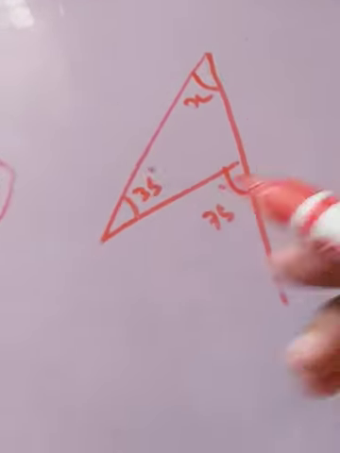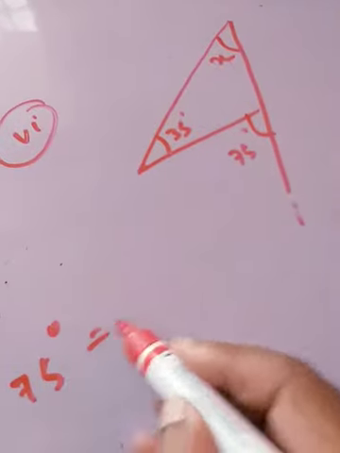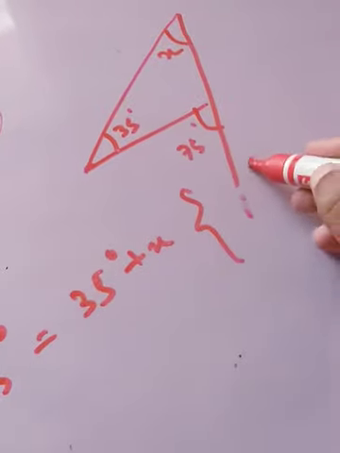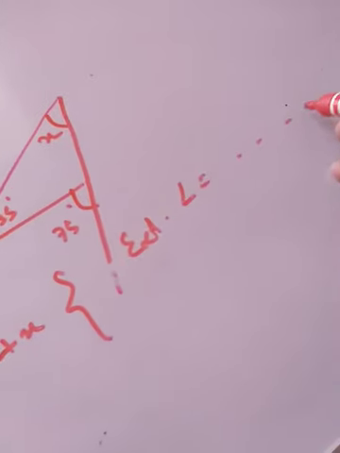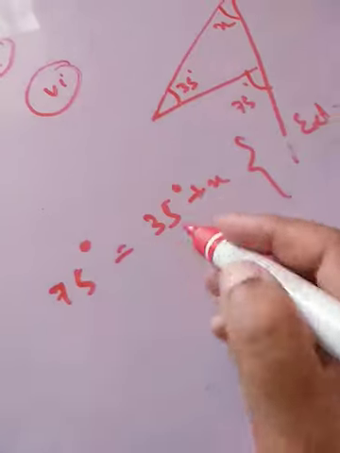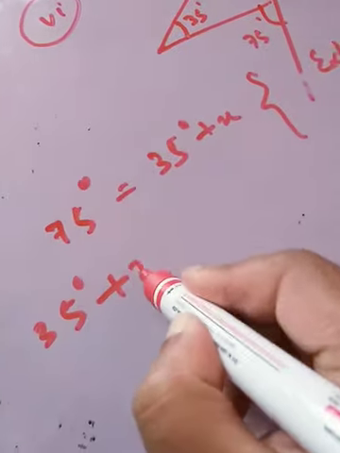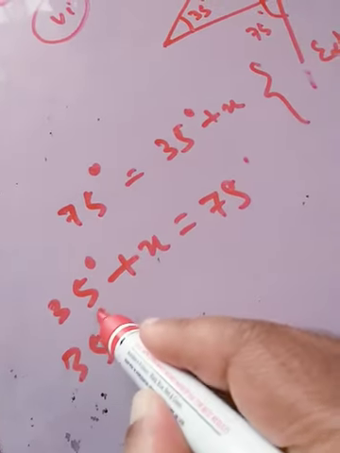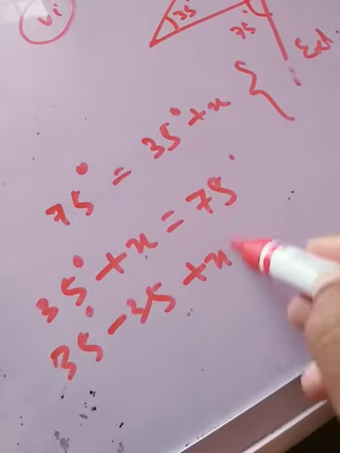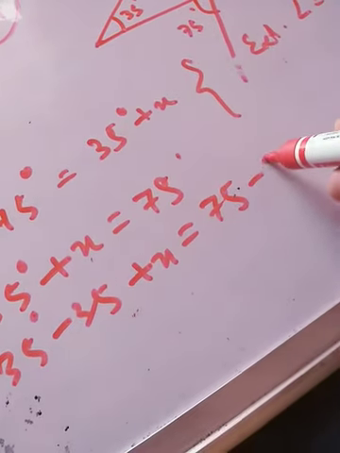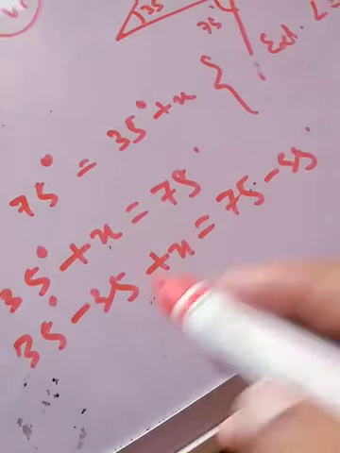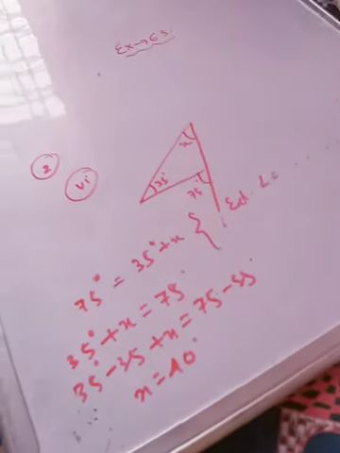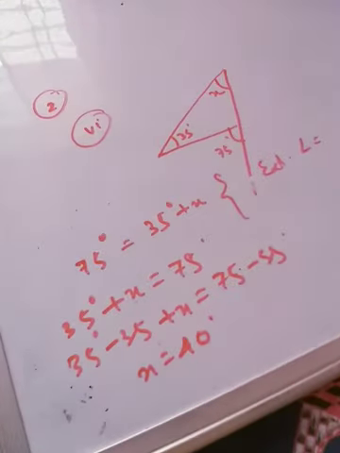So this is an exterior angle, so exterior angle equals the sum of opposite interior angles. We will write the reason, students. Now we can write this in this format also: 35 plus x equals 75. Now we have to remove this 35, so minus 35 plus x equals 75 minus 35. On both sides we have to subtract. This 35 will be cancelled, so x equals 40 degrees. So this is the solution of sum number 6.